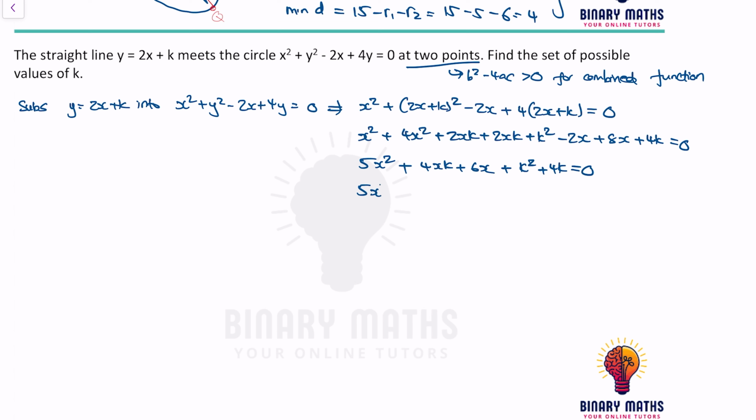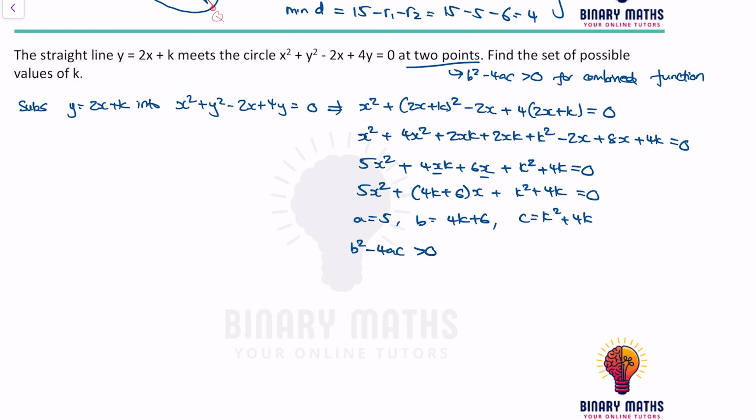So 5x squared plus, if I factorize the x out, I get (4k plus 6) lots of x plus k squared plus 4k is equal to 0. In this case, my a is 5, my b is 4k plus 6, and my c is k squared plus 4k.